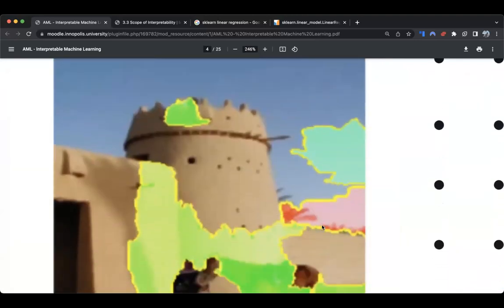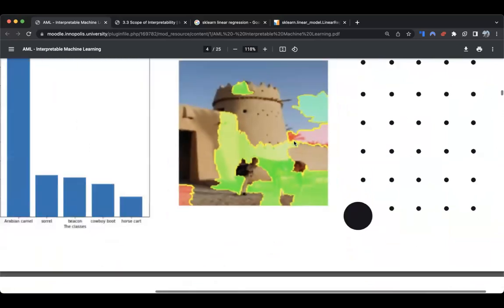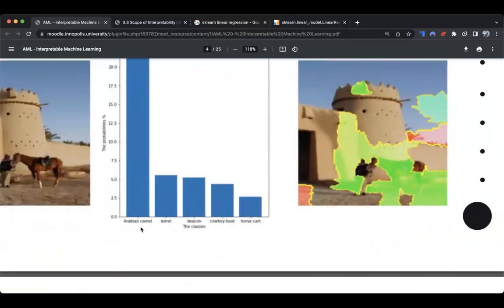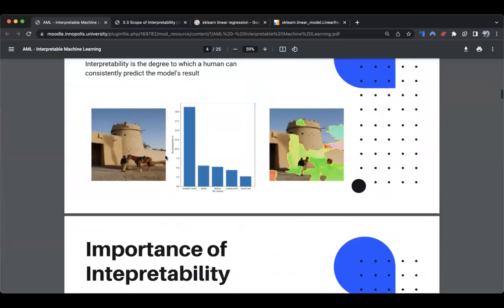And if we see the regions that the model is looking at, clearly the model is not looking at the horse to make its decisions, but looking at the castle and at the sand and at these regions, or for example, here are the palm trees, to say that this is an Arabian camel and not a horse, right?